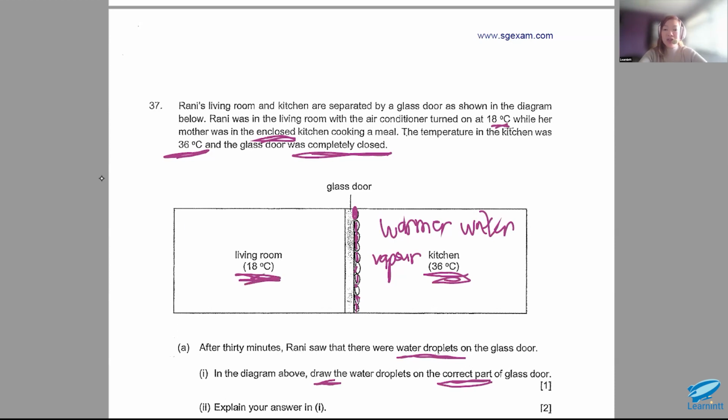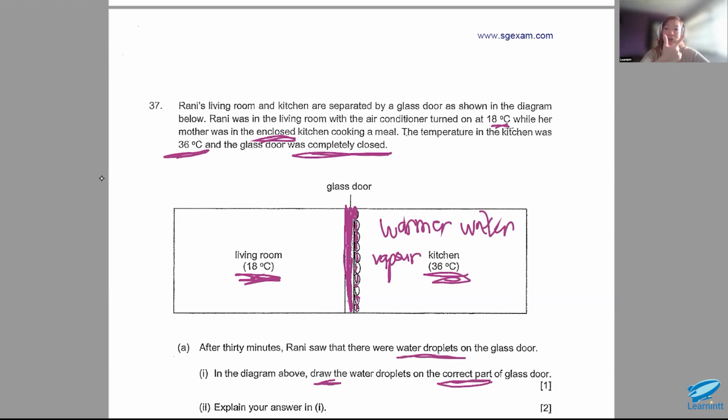It's cooler, okay? And because of that, it will cool down the glass door. And the glass door, if you're going to touch it, is it going to be hot or cold? It's going to be cooling, right? So condensation has taken place. Now condensation requires a cooler surface and warmer water vapor.